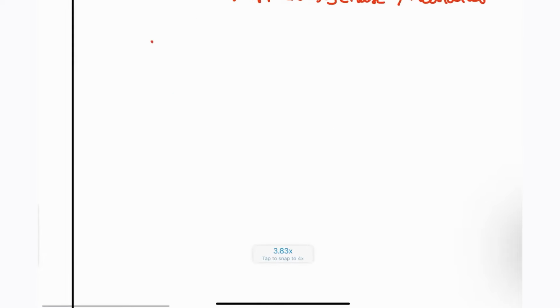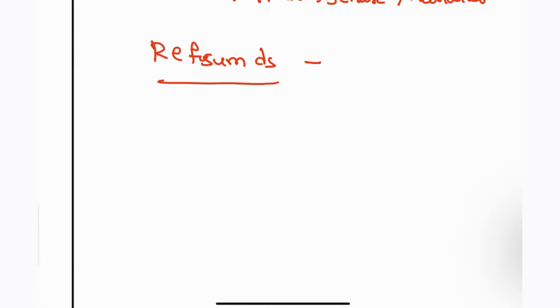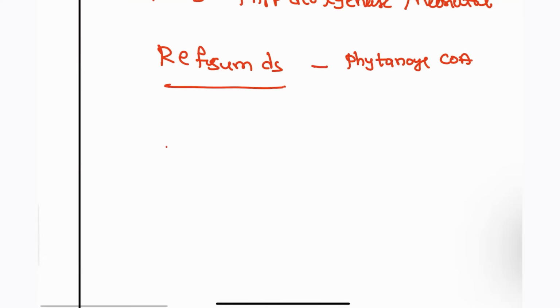Next, you also have Refsum disease. What is this Refsum disease, guys? Refsum disease is a peroxisomal disorder, with increased phytanic acid due to deficiency of phytanoyl coenzyme A hydroxylase. Next, Zellweger disease.